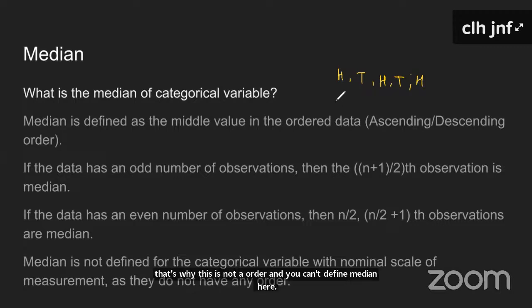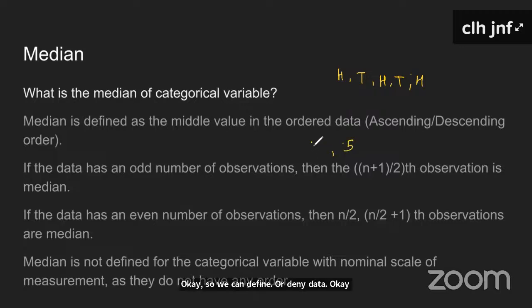Similarly, if I ask you the median from 1 to 5, or let's say these numbers, then you can say something about the median in this case. This boxed part is your data set. In this particular case, what will be the median?